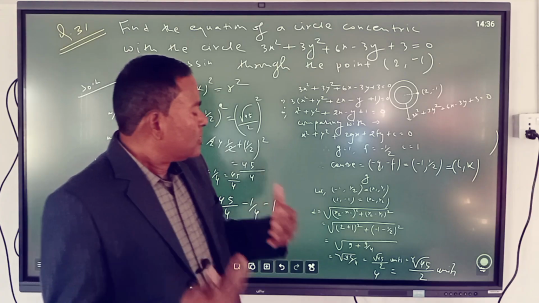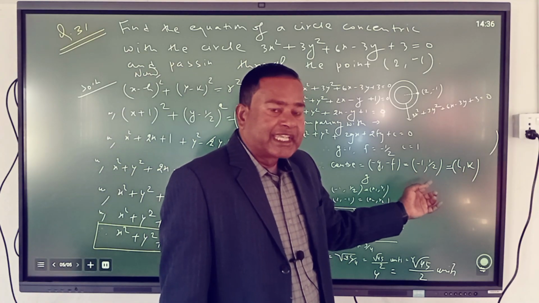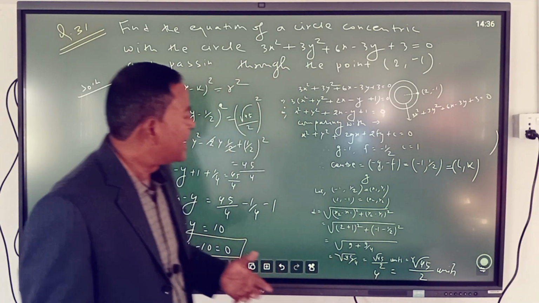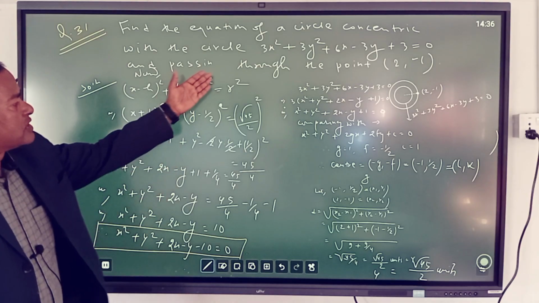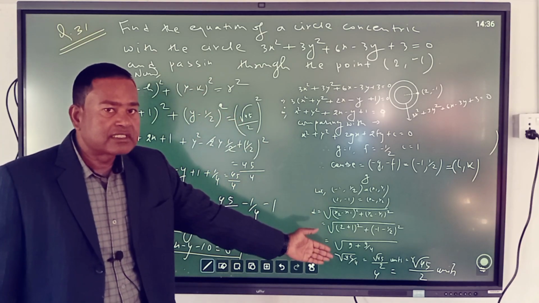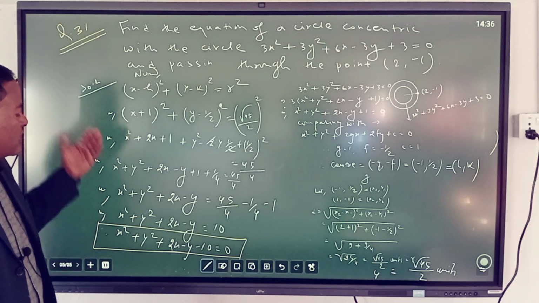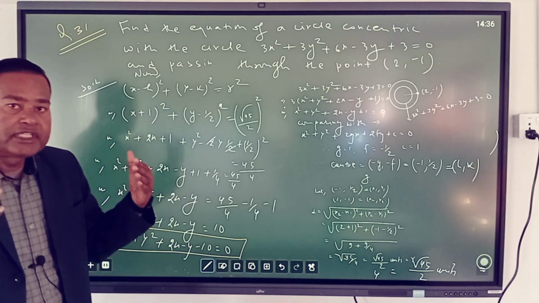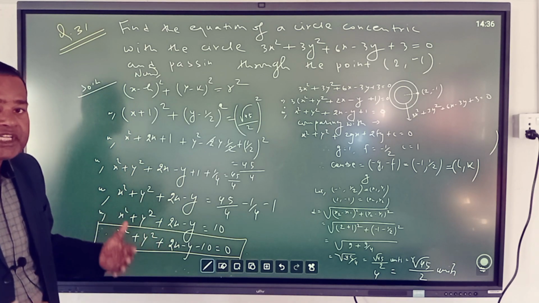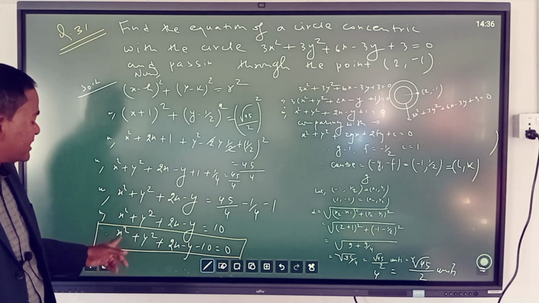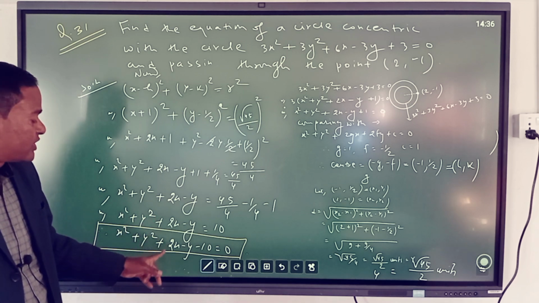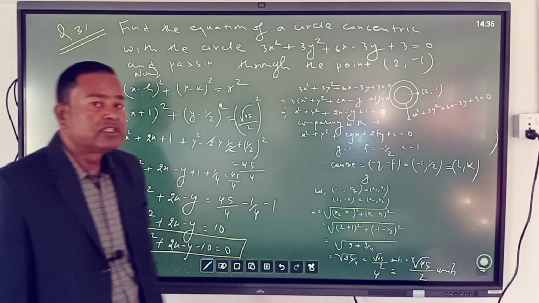Now, we substitute the values of h and k, the center, and we substitute the value of the radius. Then after simple calculation, we have got the required equation of the circle, which is x square plus y square plus 2x minus y minus 10 is equal to 0.